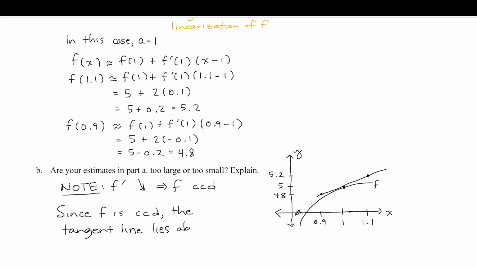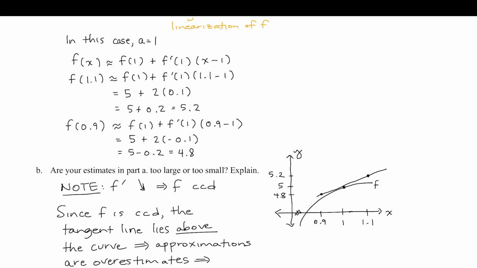So since f is concave down, the tangent line lies above the curve, which means approximations are overestimates.